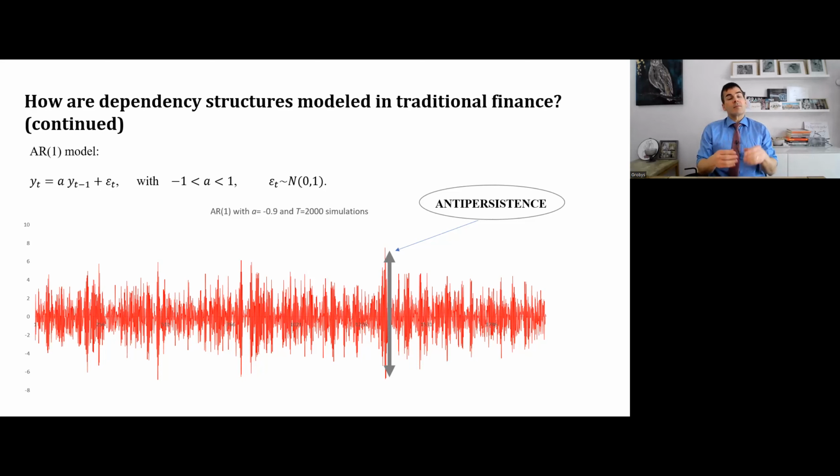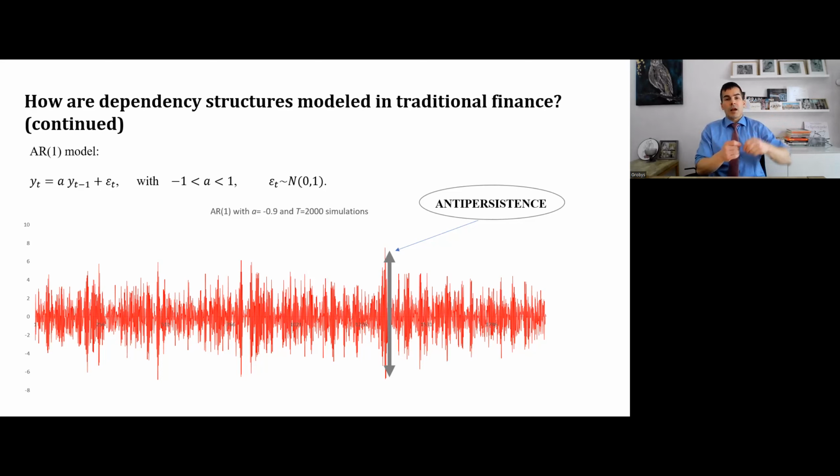So here in this case, I set this a parameter equal to minus 0.9. Again, you see that is like a border case because it must be larger than minus 1. So this is very close to minus 1, but not exactly. What you see here is a process that is clustering all the time.